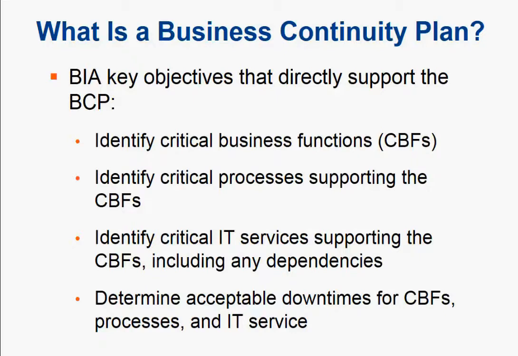The second phase is the recovery phase, where critical business functions are recovered and returned to full operation. The final phase is the reconstitution phase, where the organization returns to normal operations.